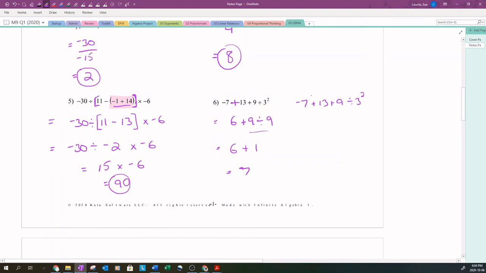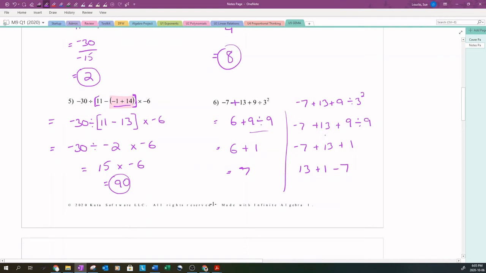Okay, the other way I could do this is I can keep this negative 7 plus 13 plus 9 divided by 9, because I'm doing the exponent first. And then negative 7 plus 13 plus 1, because 9 divided by 9 is 1. And then I don't actually have to write this down, but in my head, I'm going to change this to 13 plus 1 minus 7, because negative 7 plus 13, what is that?